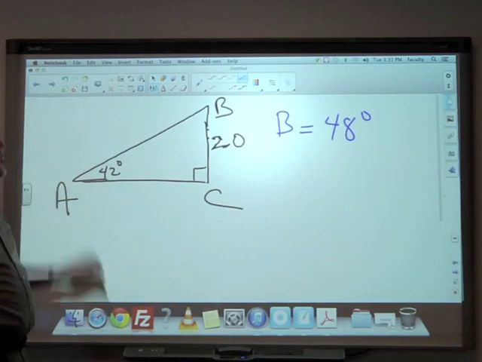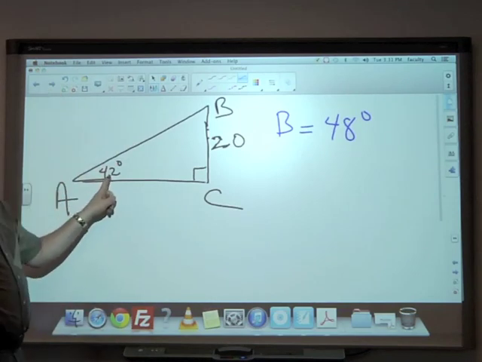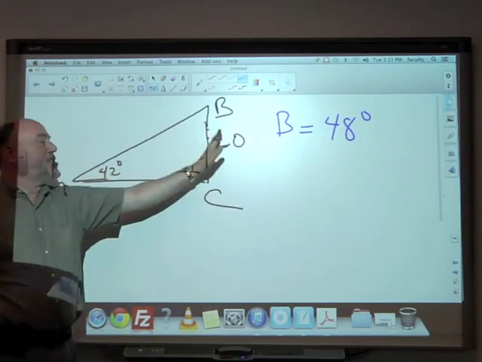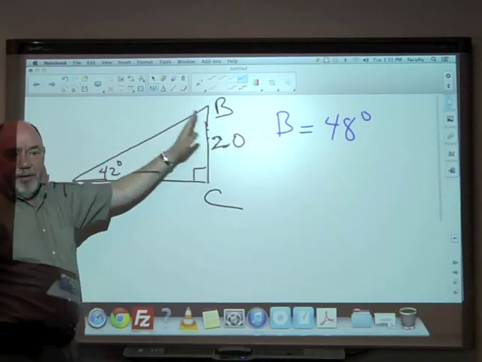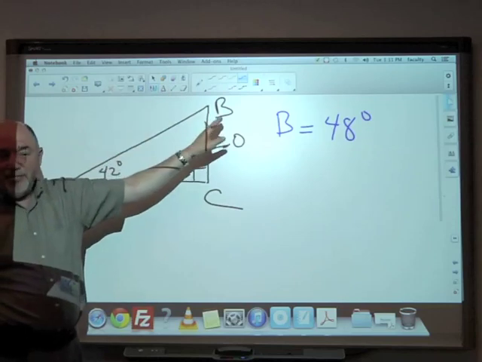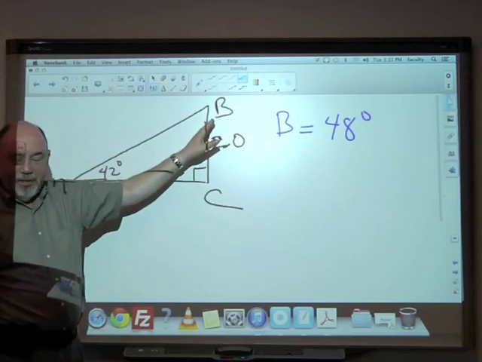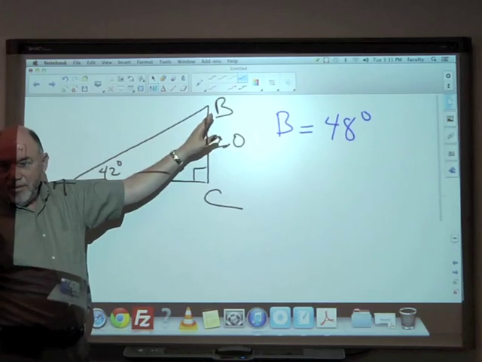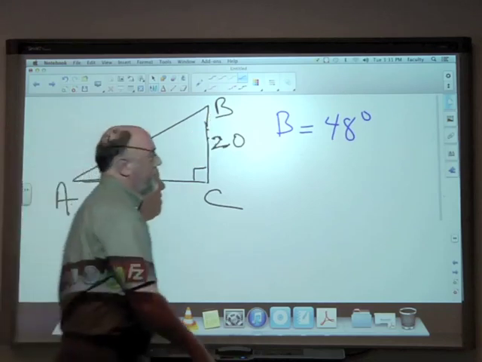C. All right, here's my angle. This is the opposite side. This is the hypotenuse. Opposite over hypotenuse is which trig function? Sine. Yep.